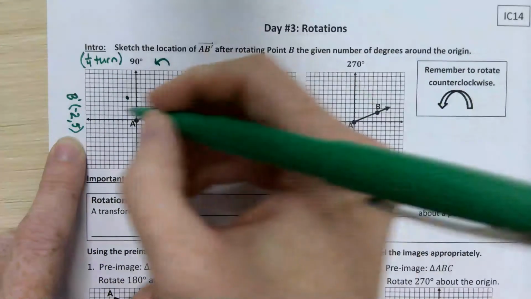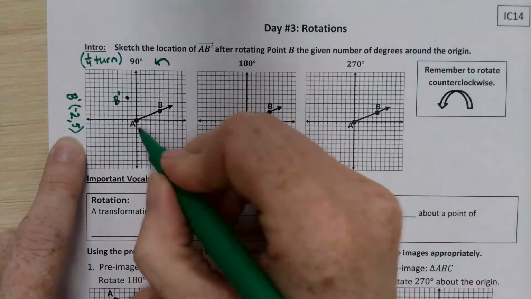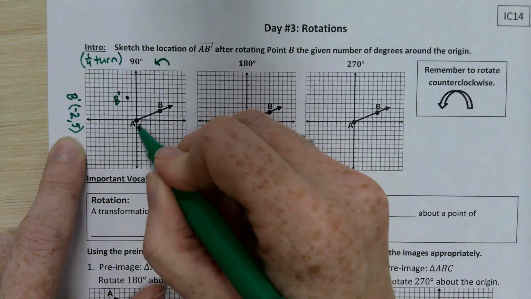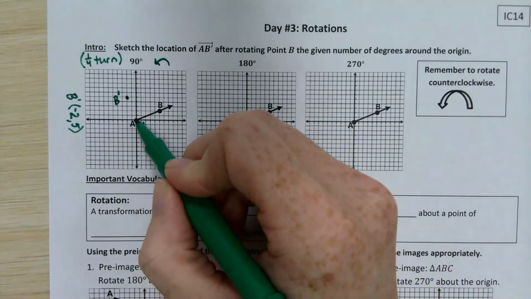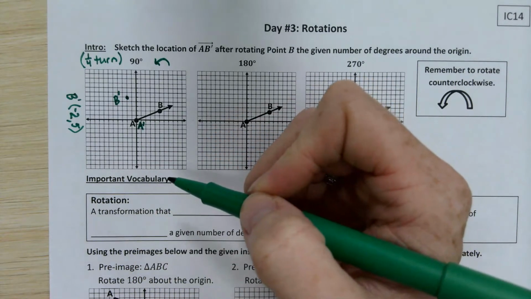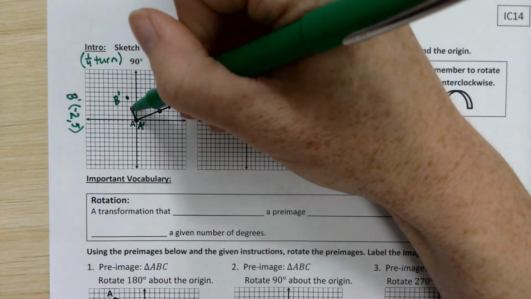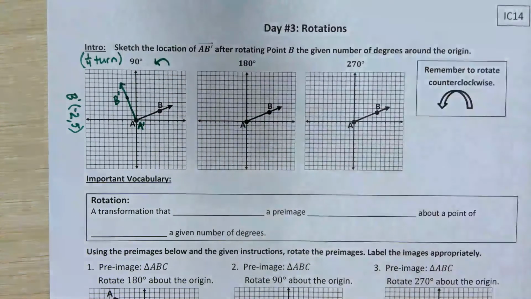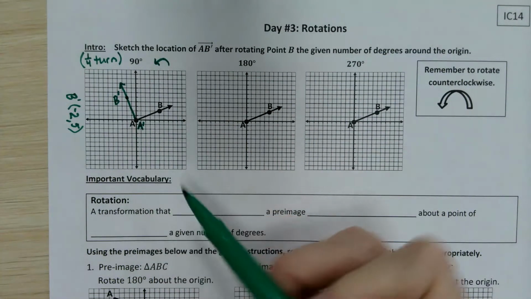And that point right there should be B prime. A prime is not going to move because we are using the center of rotation as the origin. So if the point is at the origin, when it rotates, it doesn't go anywhere. So this new ray, A prime, B prime, is going to be the image of my pre-image ray, AB.